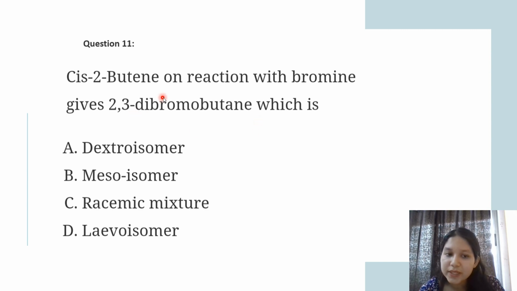When cis-2-butene is subjected to reaction with bromine, Br2, you get 2,3-dibromobutane, but you have to identify the product. Is it chiral or is it a meso compound? That is, it has stereogenic centers, but it is not chiral due to presence of a plane of symmetry, etc., or it will give a racemic mixture of two or more kinds of products. You have to identify that in this question.